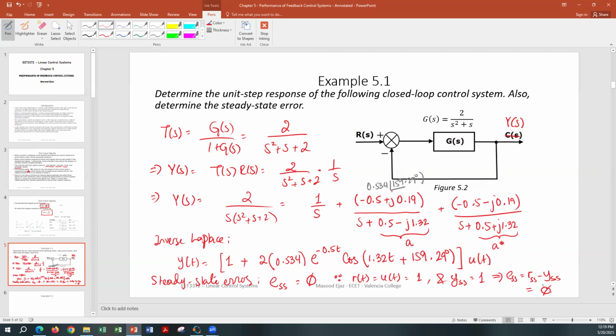Before that, you will have some error between the output and input because the output has a transient response. But once the transient response is gone because of this exponential decaying function, this is going to make the transient response go down to 0. Steady state output will be 1, and the input is equal to the desired input, which is 1. Therefore, the error is going to be 0.